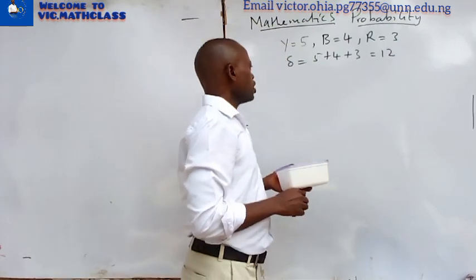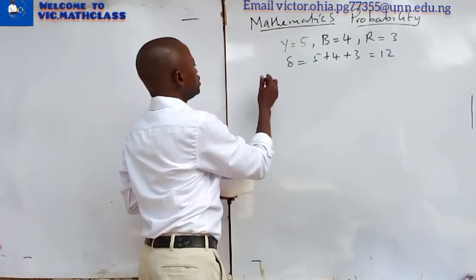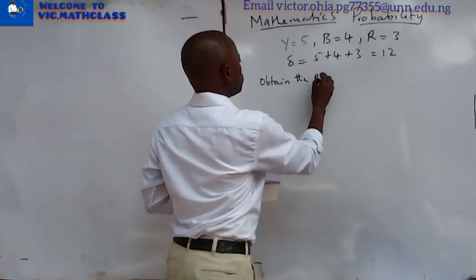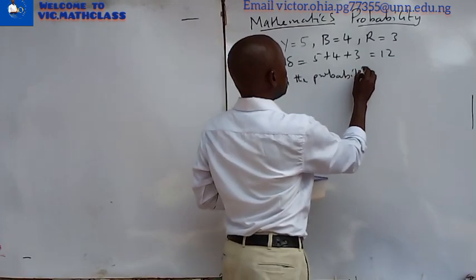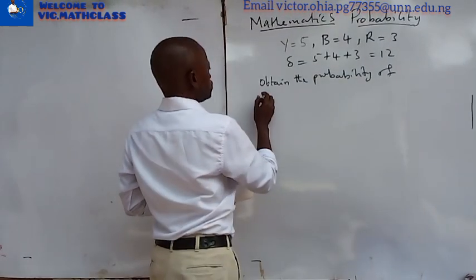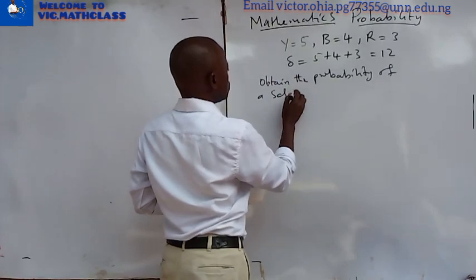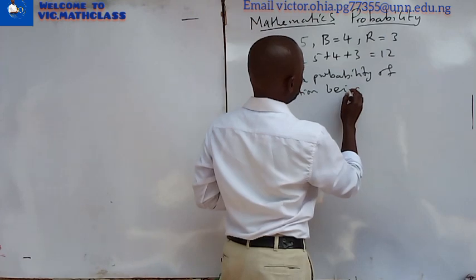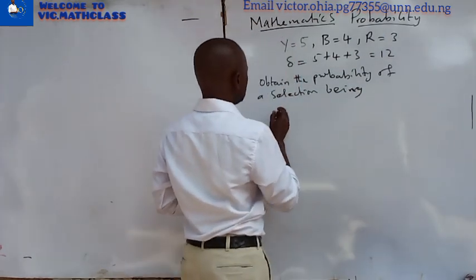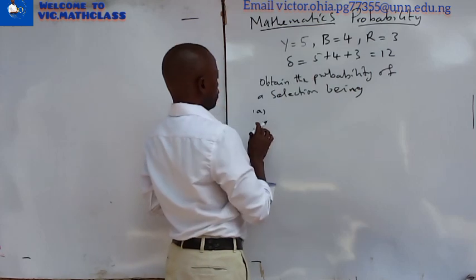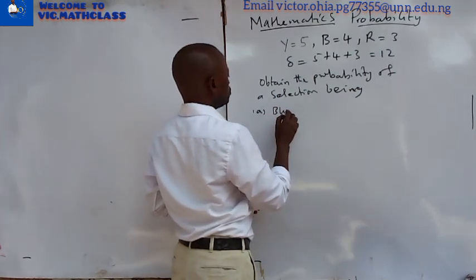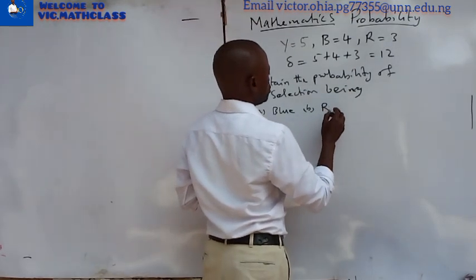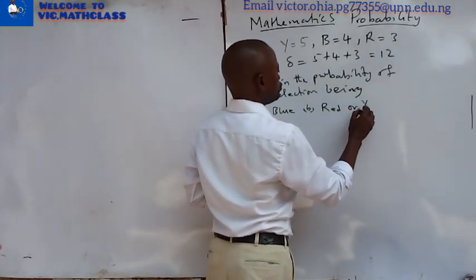So one can be asked to obtain the probability of a selection being: A, blue; B, red or yellow.